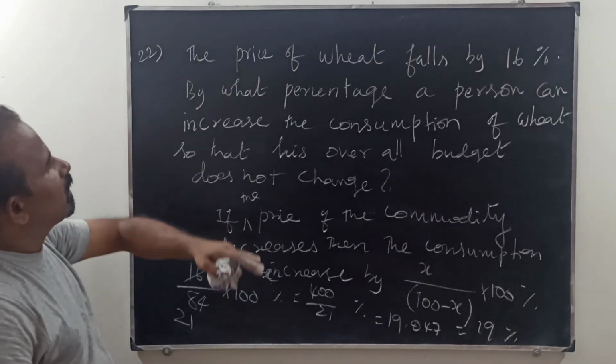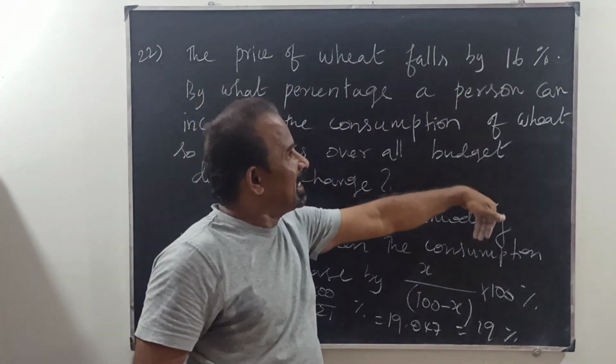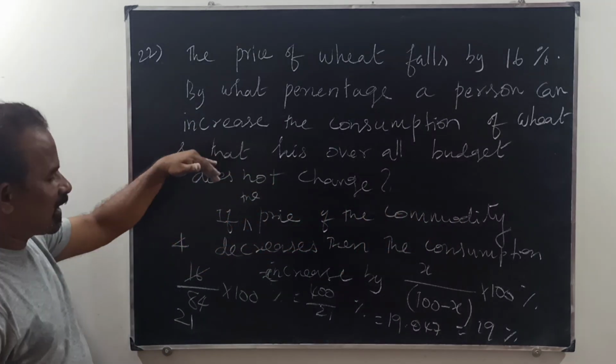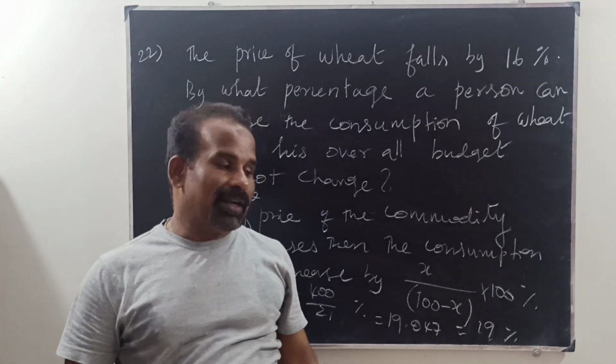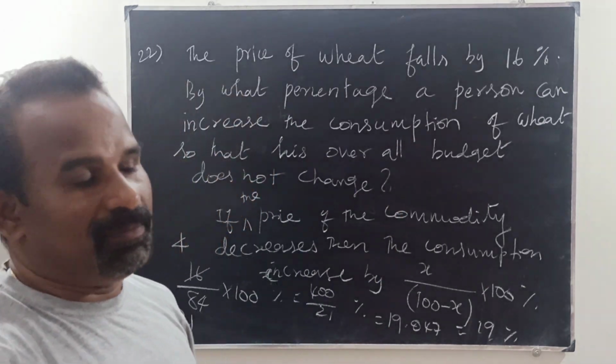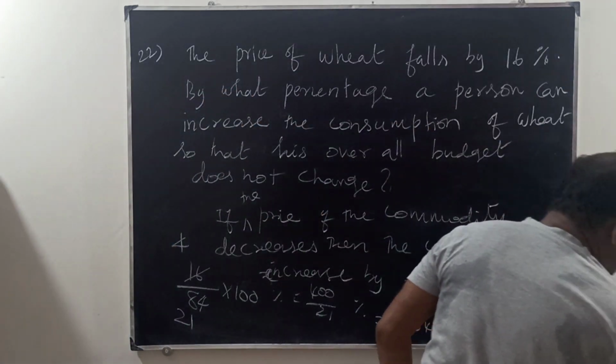So if the price of the wheat decreases by 16 percentage, the consumption increases by 19 percentage, provided the expenditure is the same. Okay.